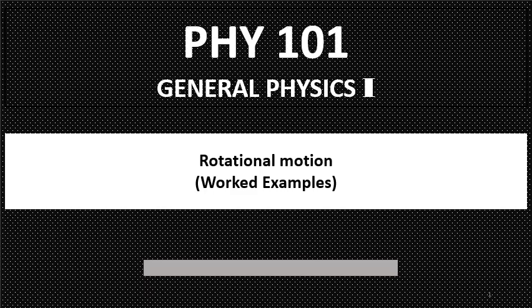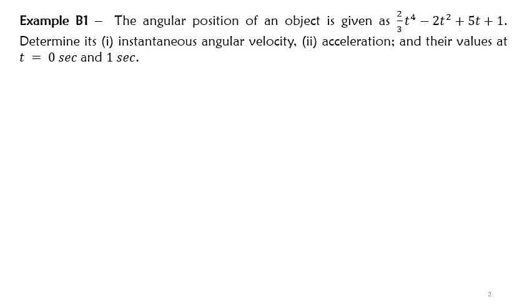Let's go to the work for today. We have an example. The first example to be considered: say the angular position of an object is given as 2/3 t raised to the power 4 minus 2 t raised to the power 2 plus 5t plus 1.